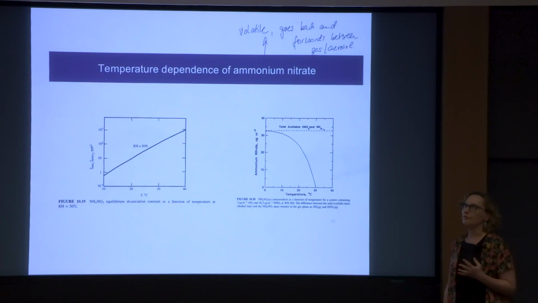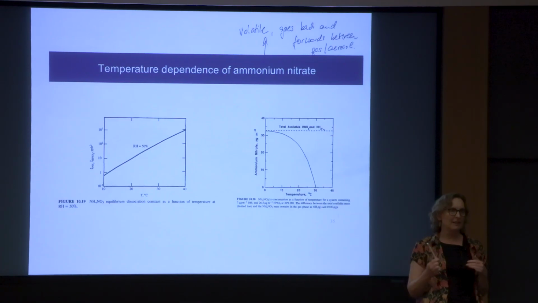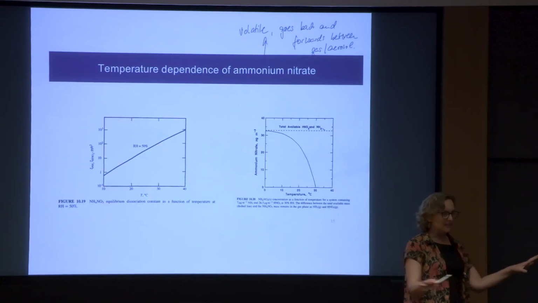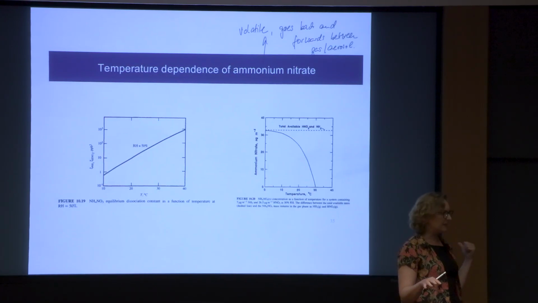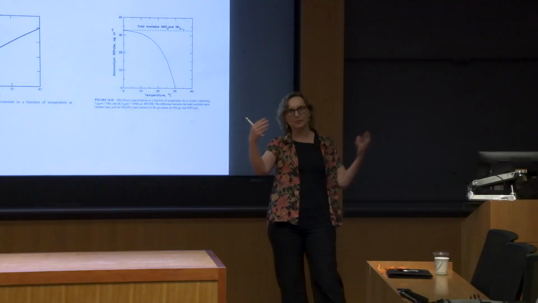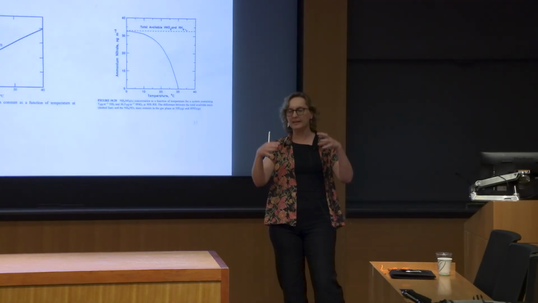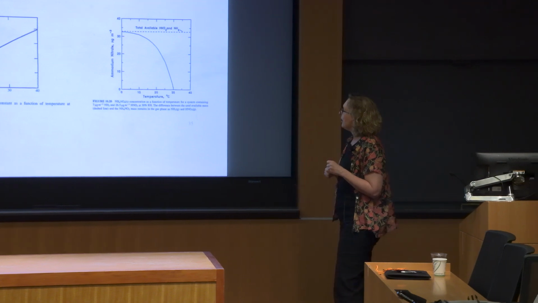Similarly, if you think about the vertical structure of the atmosphere, it gets cooler as we go up, right? So it might be that at the surface level, you don't have any particulate ammonium nitrate, but everything is in the gas phase. And as you go up, you are able to form ammonium nitrate, and it condenses on the existing particles right there.